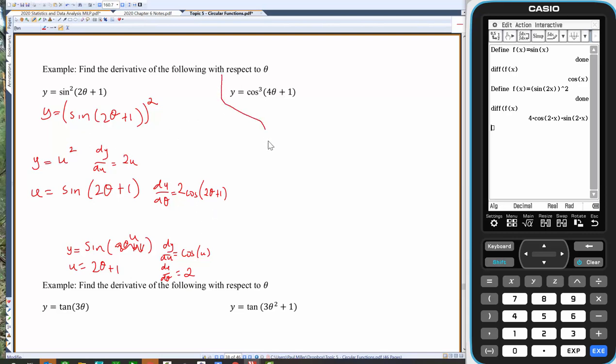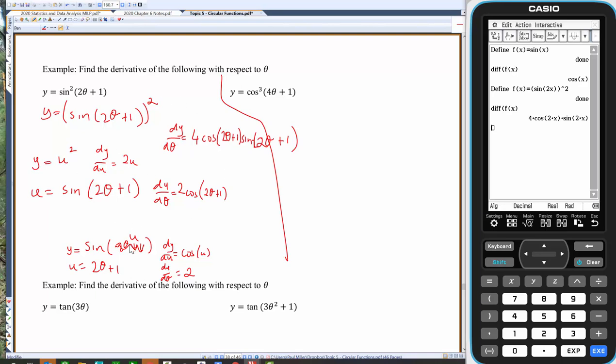I just need a little bit more room here to write my derivative. dy/d theta equals that multiplied by that. So I get 4 cosine 2 theta plus 1 multiplied by the u, sine 2 theta plus 1. So there's my derivative.